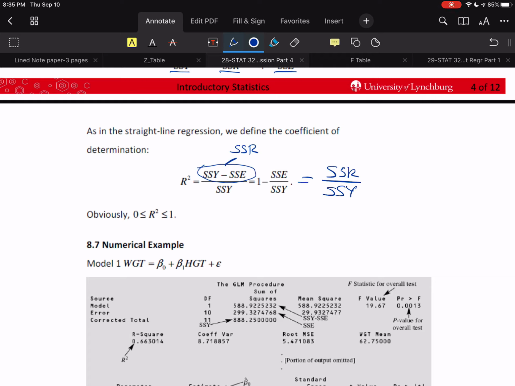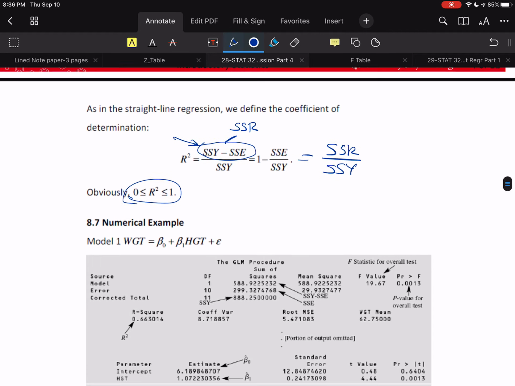However, you have to be careful with that, because if we add more things to the ANOVA table, then you have to come back to this. So this is a shortcut for this multiple regression model. But again, if we start doing ANOVA, then we wouldn't be able to do that. All right, and obviously R squared is between 0 and positive 1.